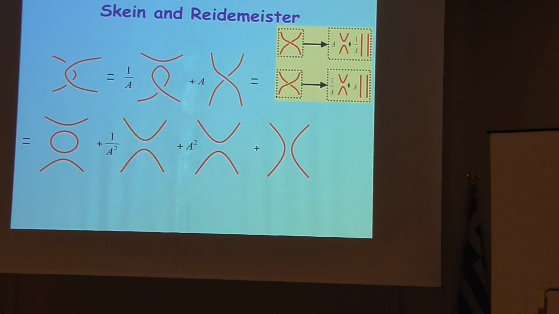I don't know, let's see. Let's apply the skein relation to this one. So I need this transform into two parallel, substitute this link with two other links by decomposing the upper crossing. And I need a parallel here, vertical here with 1 over a coefficient.